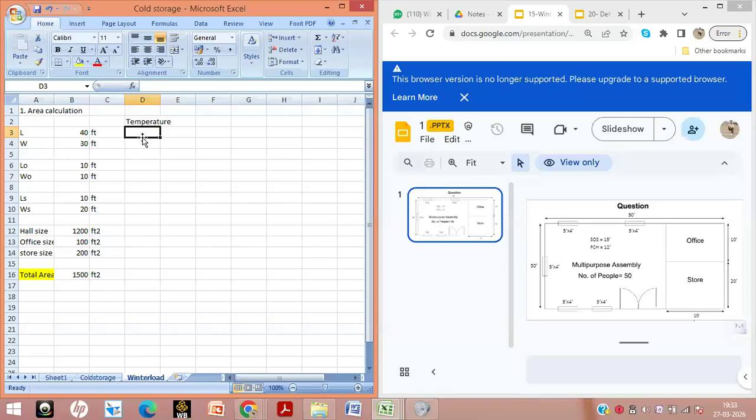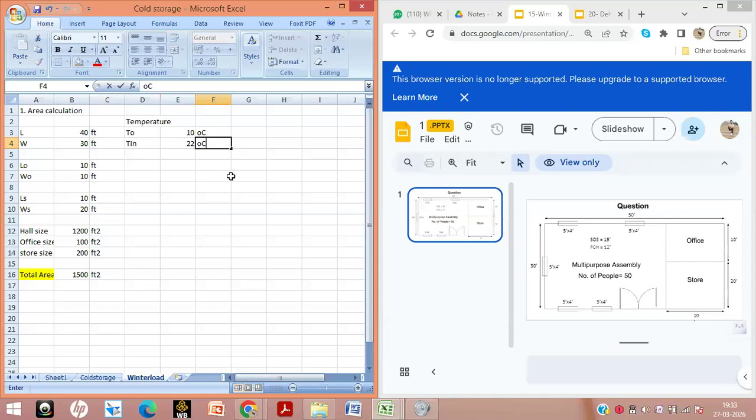Let's consider outside temperature is 10 degrees Celsius and inside temperature will be human comfort temperature, 22 degrees Celsius. So T out is 10 degrees C, and T inside is 22 degrees Celsius.